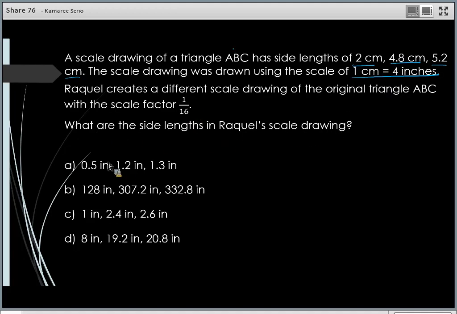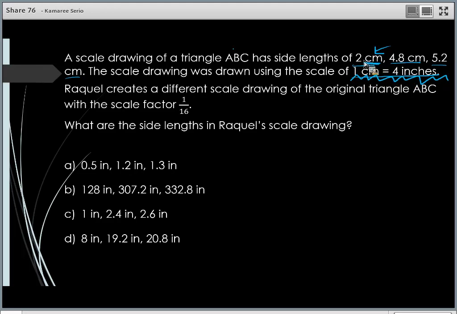So if I notice, all of my answers here are in inches. However, the given side lengths that I have are all in centimeters, which means that the first thing we need to do is take these centimeters and convert them into inches using this scale that they give us. For every 1 centimeter, it's actually 4 inches.